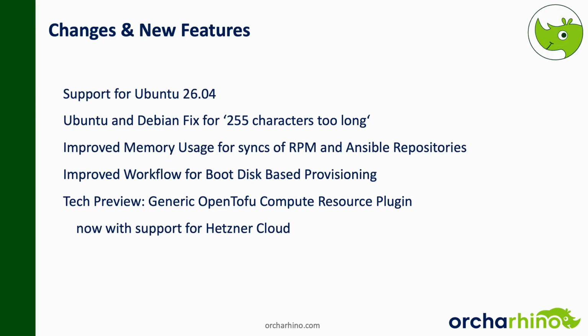For customers, this means that support for new compute resources can be added more quickly and in a more standardized way. With orcharhino 7.8, we will deliver the OpenTofu provider for Hetzner Cloud. Future releases will deliver more providers, like for example, Nutanix.